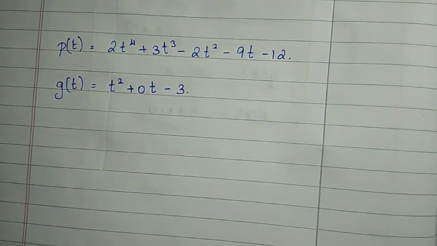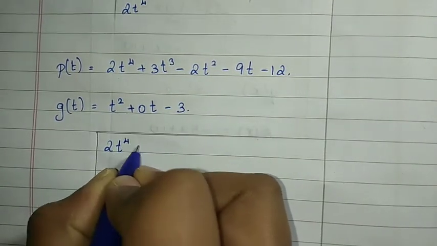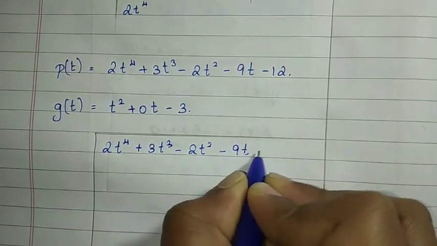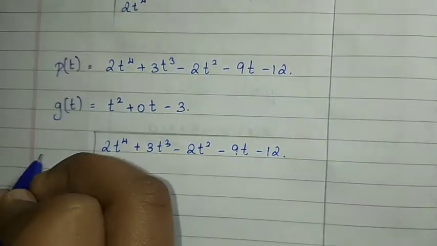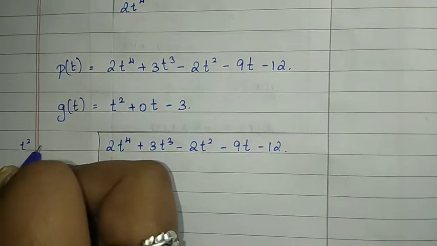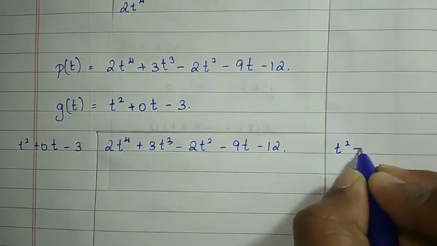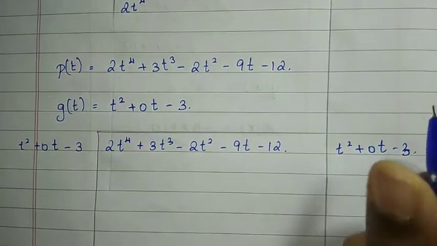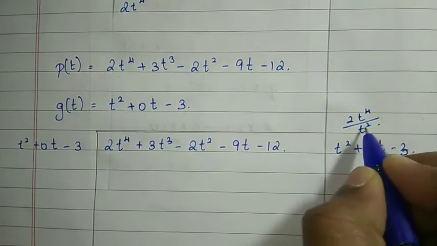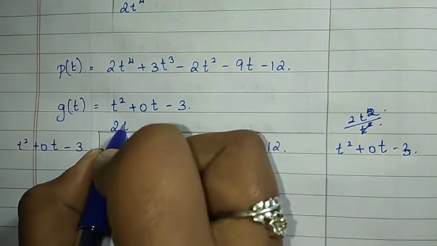So now let's start dividing. Now I will be taking the p of t inside. So 2t power 4 plus 3t cube minus 2t square minus 9t minus 12. And here g of t will be written over here. So t square plus 0t minus 3. So I will have t square plus 0t minus 3, isn't it? So I have to have 2t power 4. So I will just divide t square here. So t square, and here it will become 2t square. So I will be multiplying with 2t square.